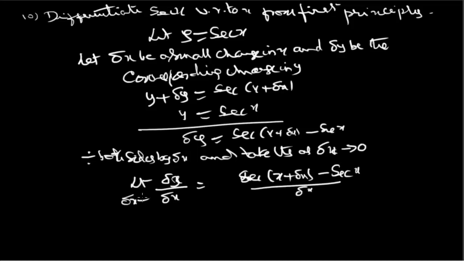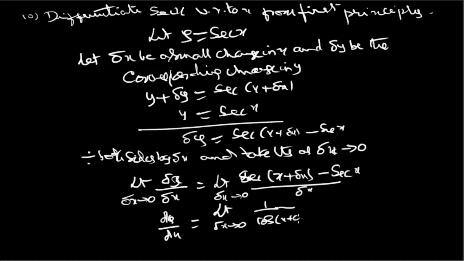Limit delta x tending to 0 here and limit delta x tending to 0 in the right hand side also. By convention, left hand side is nothing but dy by dx. Right hand side limit is to be expanded. Secant c minus secant d, there is no formula. Therefore, we convert this into 1 by cos. Limit delta x tending to 0, 1 by cos of x plus delta x minus 1 by cos x, whole divided by delta x.